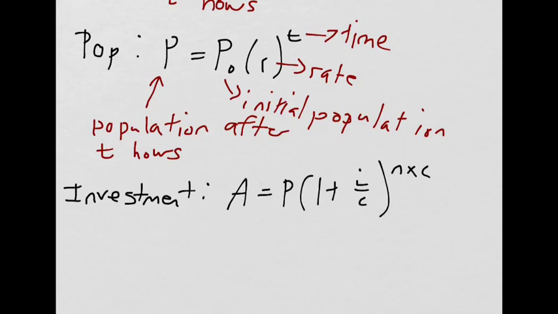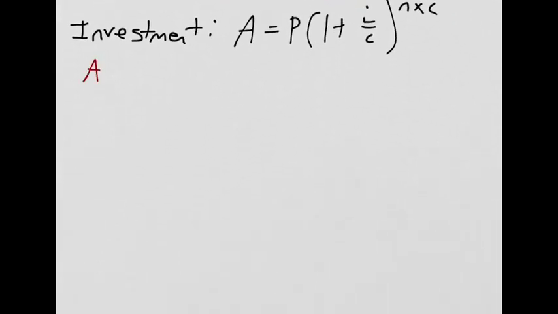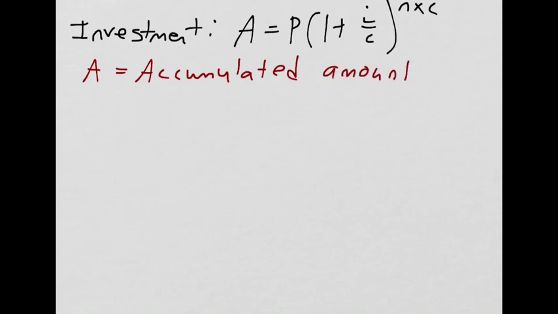Okay. So I'll list the variables here. A is what you call the accumulated amount. So in terms of investments speak, that's how much money you have after a certain period of time, after the investment's been growing for like 2-3 years. That's the accumulated amount.